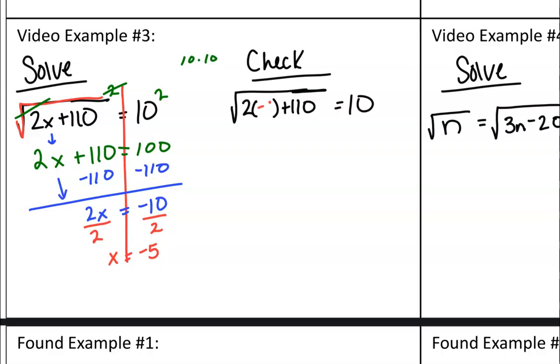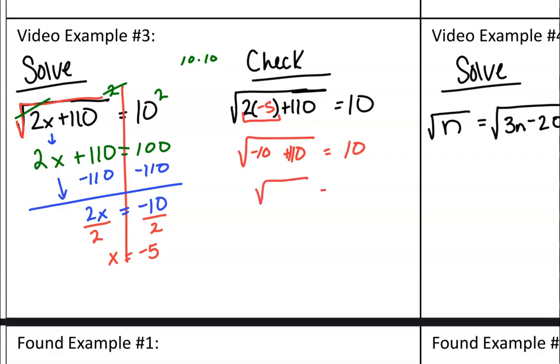Let's check our answer. Anytime that we are checking, we are working from the inside out. So inside of the radical, I need to take care of the multiplication first. So I still have this radical, I still have that plus 110, and I still have equals 10 over here. 2 times negative 5 is negative 10.